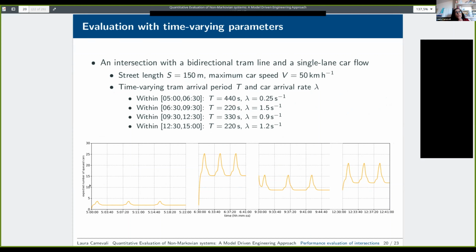So first of all, combining transient and steady state analysis enables the evaluation of the expected number of queued cars for time intervals having arbitrary duration.